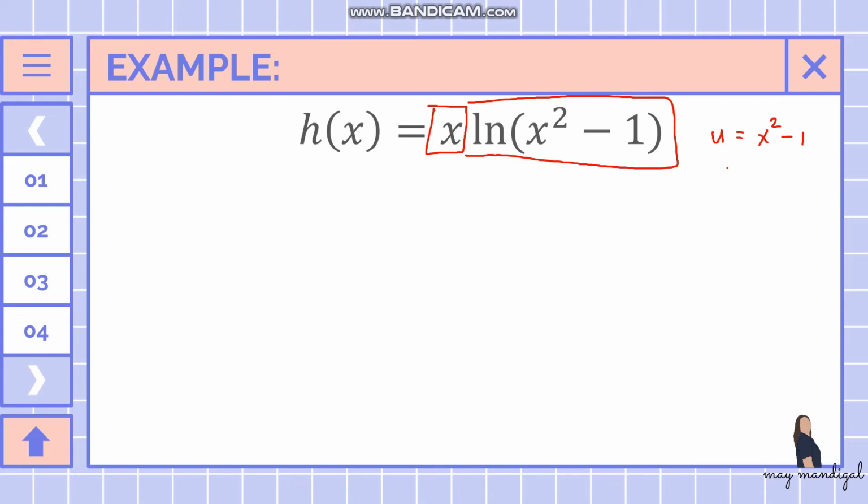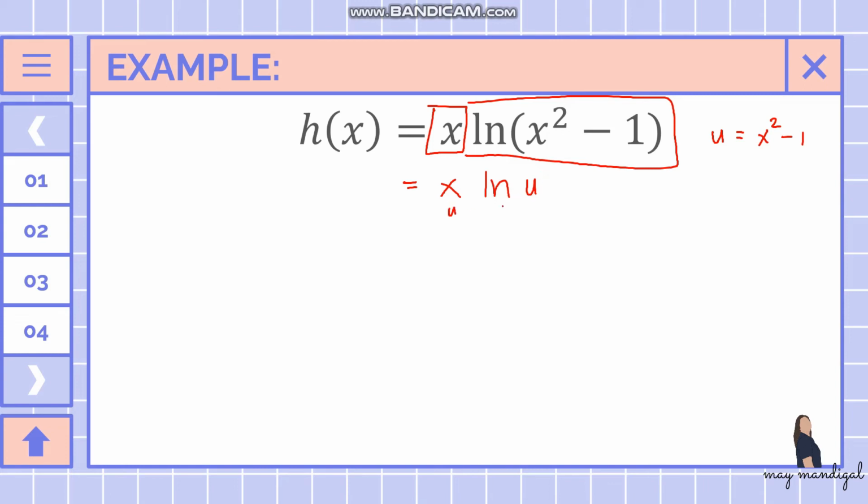Okay, so it means that we will also be applying the chain rule. Okay, so we will be applying the product rule, we will be applying the chain rule, and we're able to identify which among the terms here should we apply the chain rule. So it's in the second term. So what you can do here is you can rewrite your function, so it now becomes x ln of u. So here you know that in this term ln of u, you will be using chain rule.